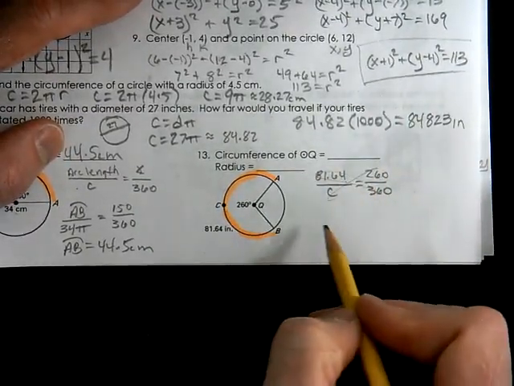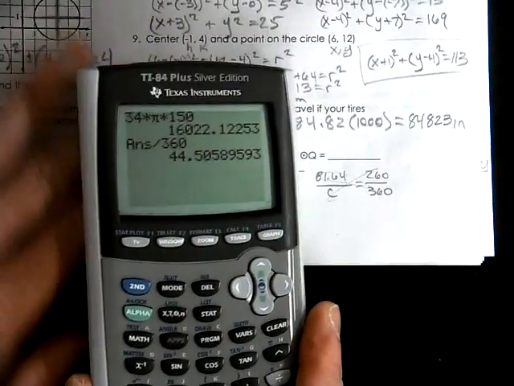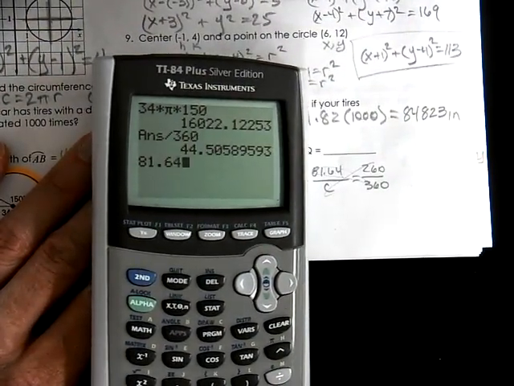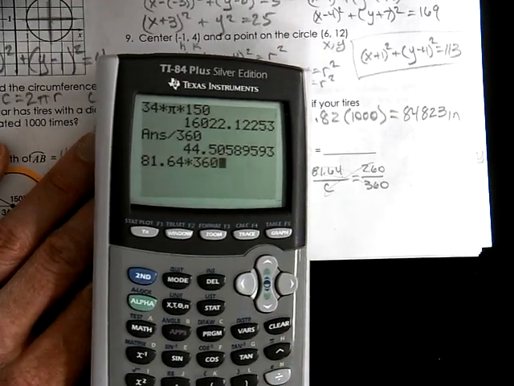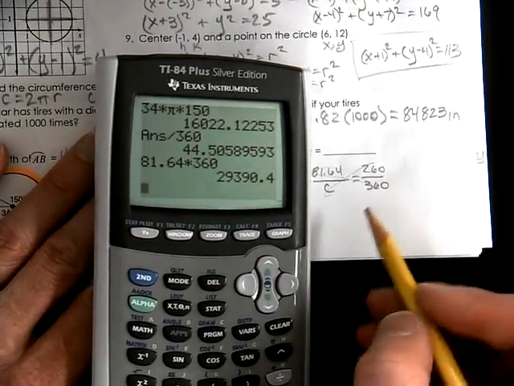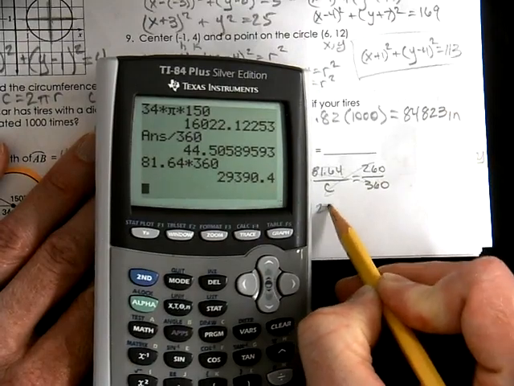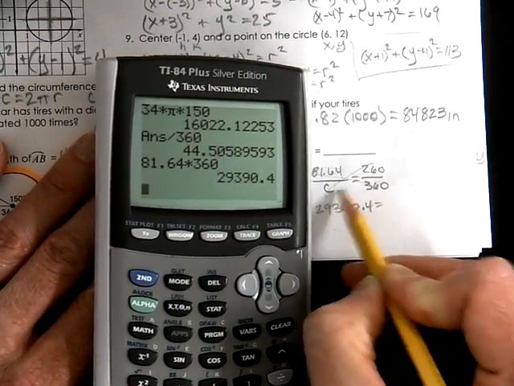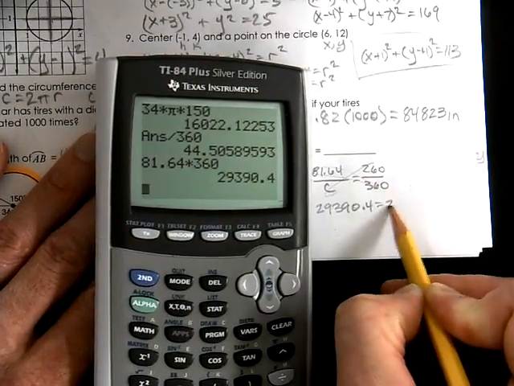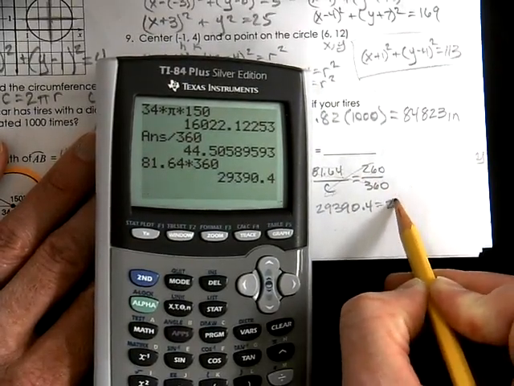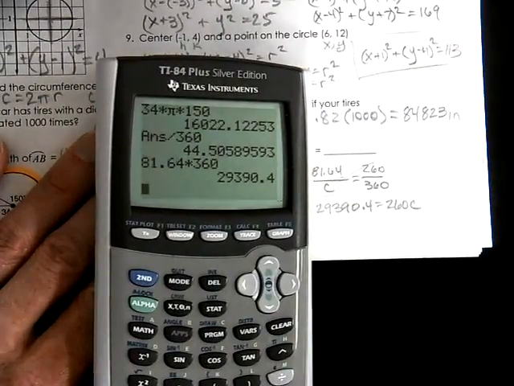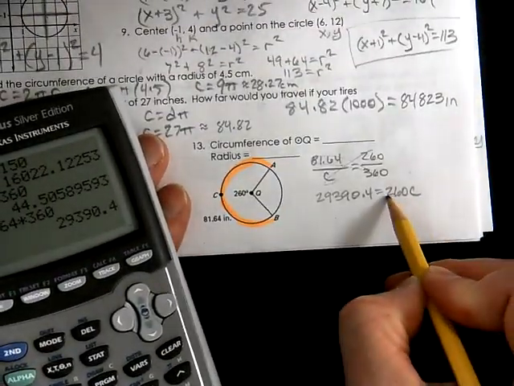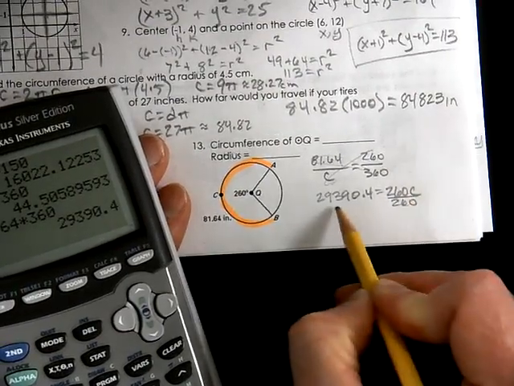So I'll cross multiply, and that's going to give me 81.64 times 360, which is 29390.4, and that's going to equal 260C. Then we have to divide that 260C out of there.